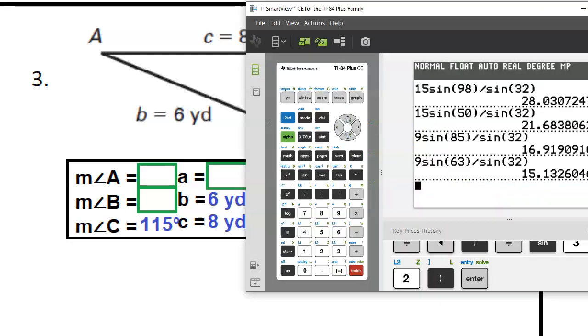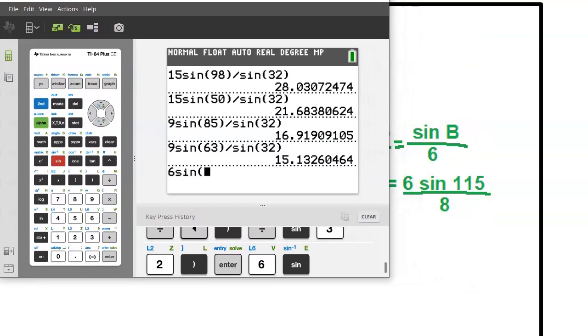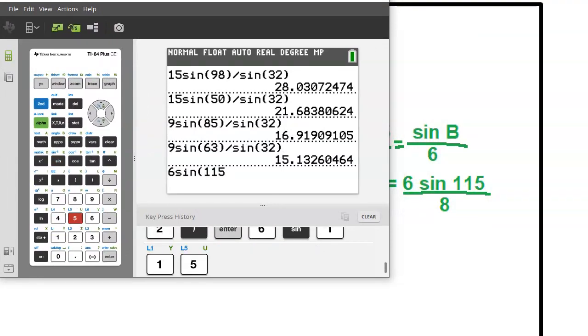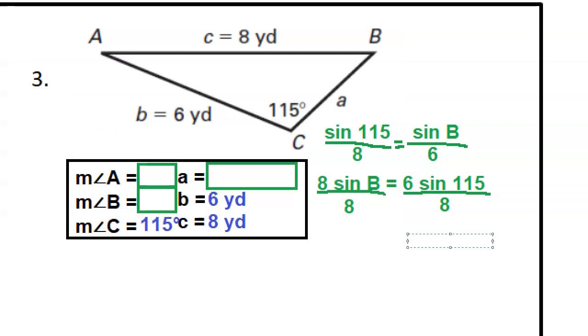We're going to figure that out. 6 times the sine of 115, close the parentheses, and divided by 8. Okay, now that is weird. So if I divide both sides by 8, I get sine of B equals 0.6797.